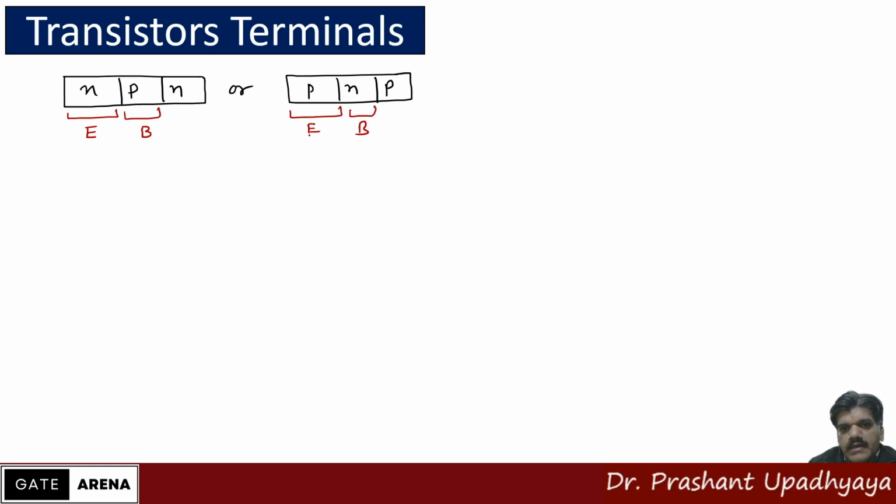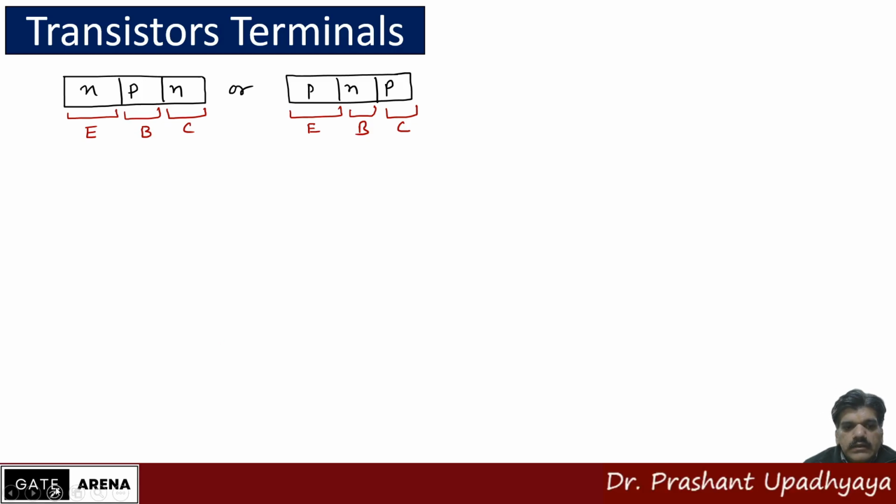This is my base, and this is my collector. Whatever the configuration you are using, whether it is an NPN transistor or PNP transistor, you will be having the emitter, base and collector.